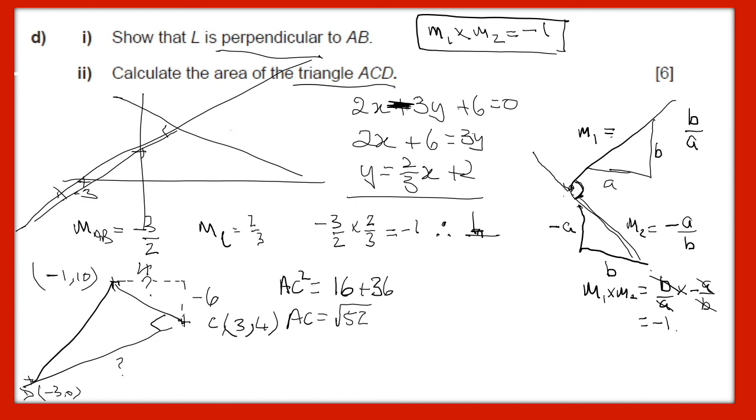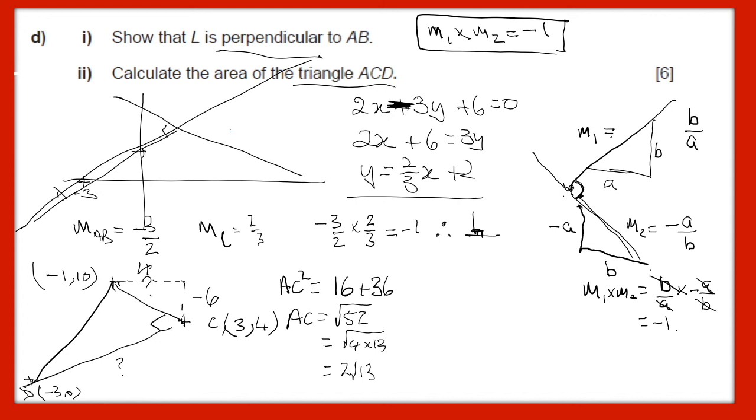But, and it's very, very common in these questions, it's worth noting there that root 52, look for a square number that goes into it, it is 4 times 13. So therefore, this is 2 root 13.